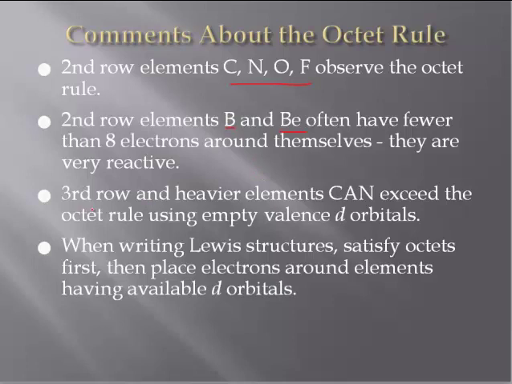And then the third row and heavier elements, so that's anything beyond the third row, can have more than 8 electrons on the central atom because they have these empty d orbitals. And this is important because sometimes that question pops up. How in the world can these elements exceed the octet? And the answer is they have empty valence d orbitals to accept those electrons.